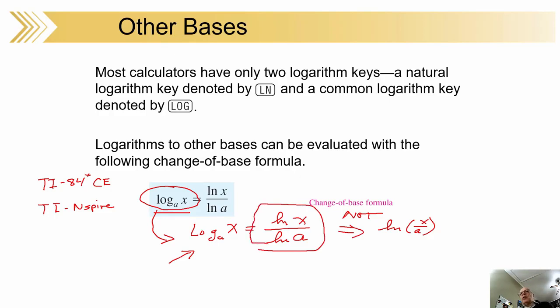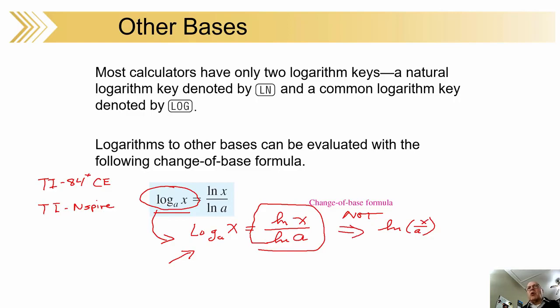So with your calculator, if you've got the TI-84 Plus CE, for example, you can do alpha, Y equals, enter, and you can get a fraction. Put what you need on the top, put what you need on the bottom, hit enter, you got your answer. If you've got a TI-Nspire, you know how to do that.